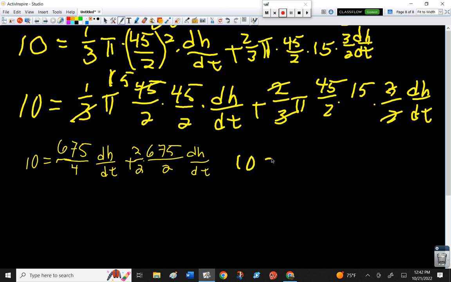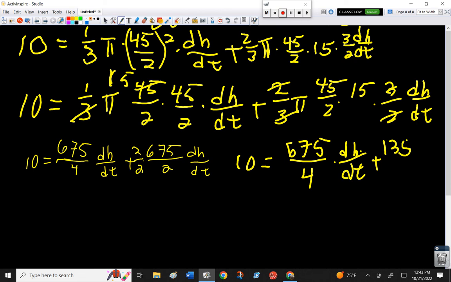So 10 is going to equal 675 over 4 times dH dt plus 2 times 675, I want to say is 1350. Yep, I used my calculator to verify. Over 4 dH dt.